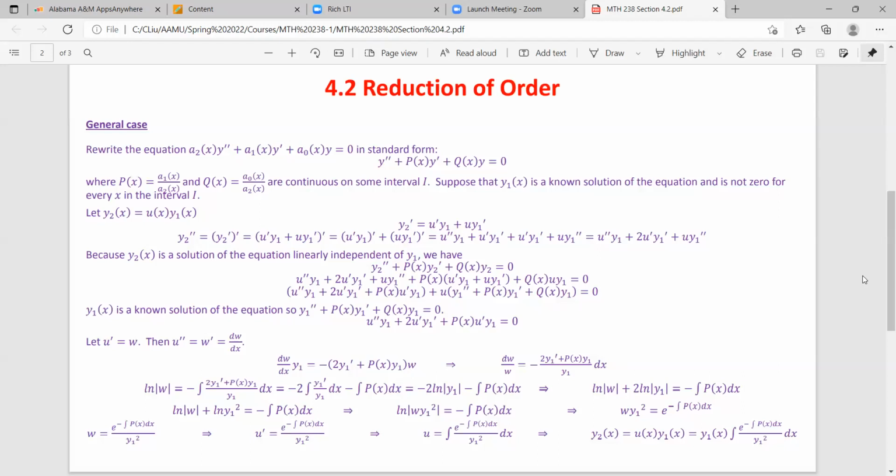So you can see in these three terms we have u in common that can be factored out. If you do that, we get u times y1 double prime plus p times y1 prime plus q times y1.